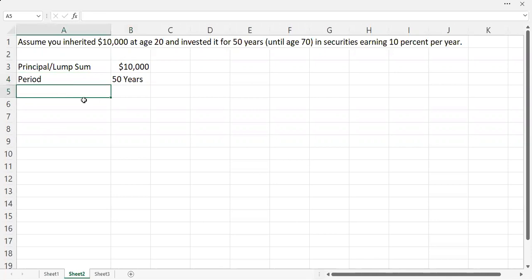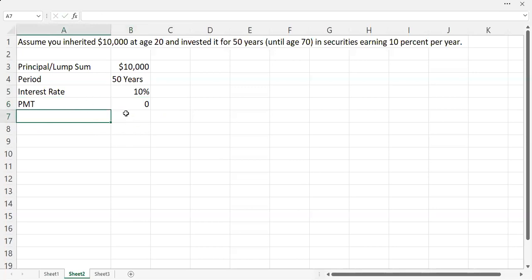And what else? Your interest rate is 10%. In this example, are we contributing money every year? No. So the annual payments are zero. You're not adding anything.